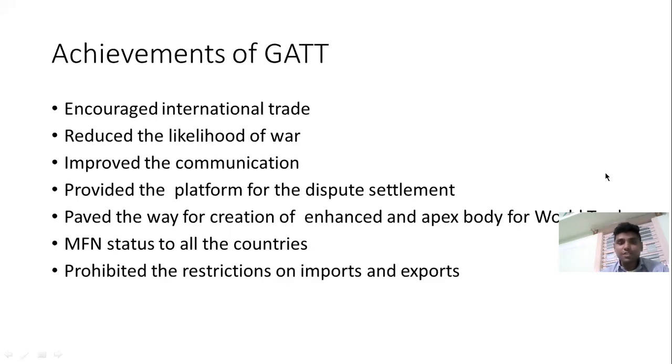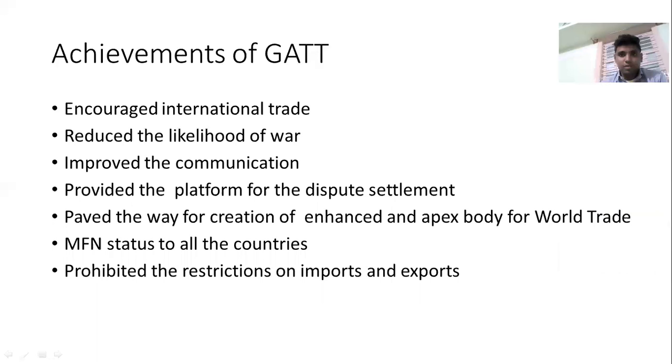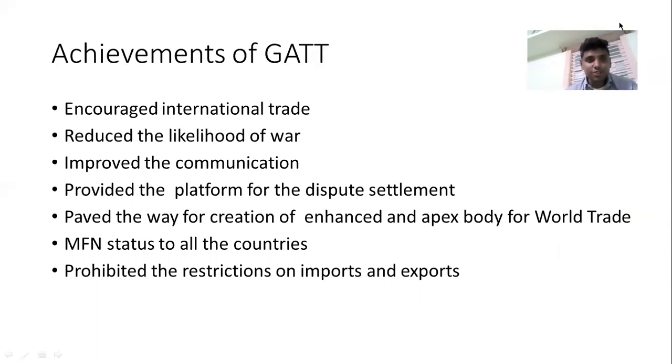Achievements, what are the various achievements? Encourage international trade, reduce the likelihood of war. There was a Cold War between Russia and America. There was every possibility that the Third World War could take place, but thankfully that did not happen and it was averted.